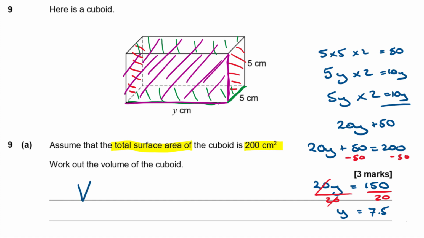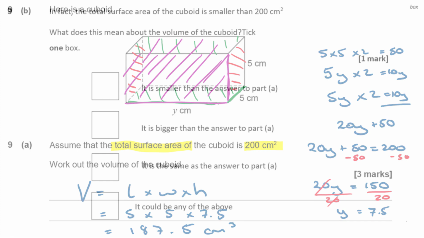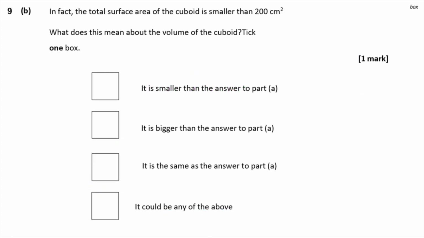So then the volume of the cuboid is length times width times height, which is 5 times 5 times 7.5. Reaching for the calculator because I'm feeling a bit lazy. 5 times 5 times 7.5 comes out to be 187.5 cubic centimeters.